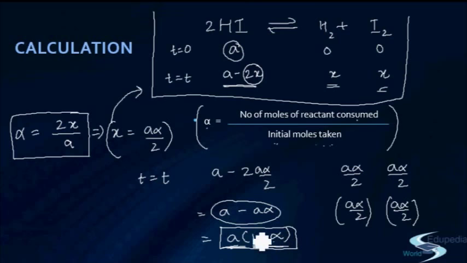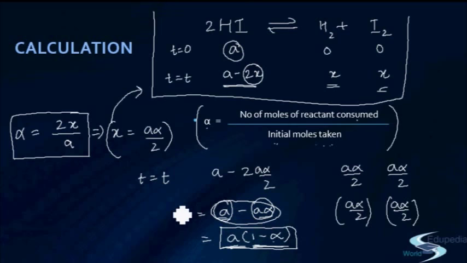And since initially we didn't have 1 mole of HI, we had A moles, the total amount of HI is A into 1 minus alpha. Or from here, A minus A alpha, that is, A is the initial moles, so A alpha has been consumed.